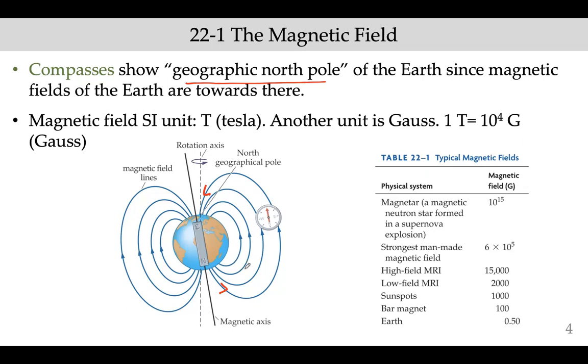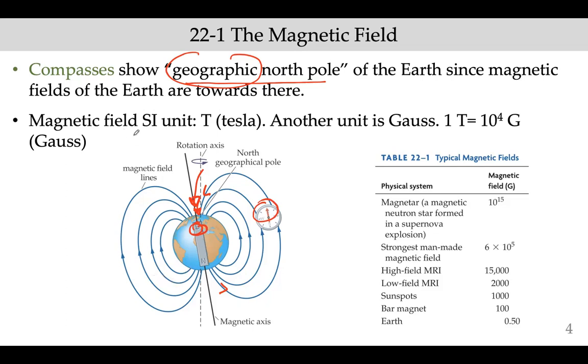Because the field lines go out from north and go in at south, the compass will show you the south pole of the magnet here, but this place is what we call the geographic North Pole. So geographically, we call this part of the Earth the North Pole, but in terms of the magnetic field lines, it's actually the south pole of the effective magnet that is created by the ions within the Earth.